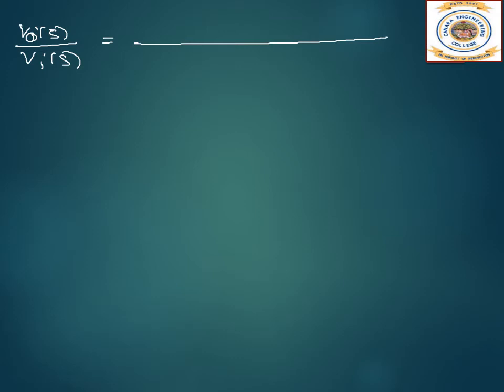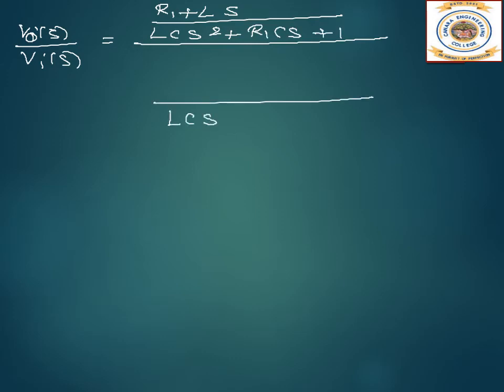So let us simplify this further. We get V naught of S divided by Vi of S equal to, taking the common denominators here, in the numerator let us keep as it is, R1 plus Ls divided by LCs square plus R1 Cs plus 1. In the denominator, take the common denominator as LCs square plus R1 Cs plus 1.